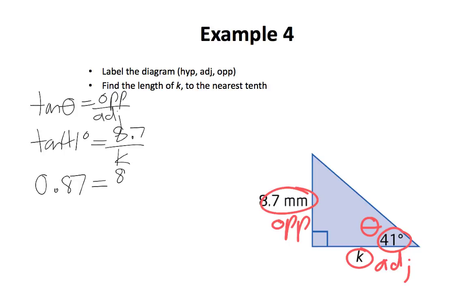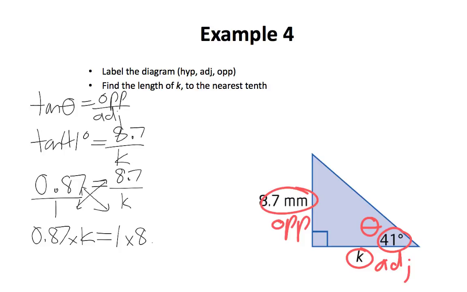Everything on the right is going to stay the same. We want to change 0.87 into a fraction, so I'm just going to put it over 1. Next, I'm going to cross multiply. So I'm going to get 0.87 multiplied by k, which is equal to 1 times 8.7.